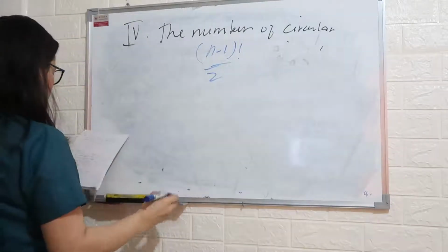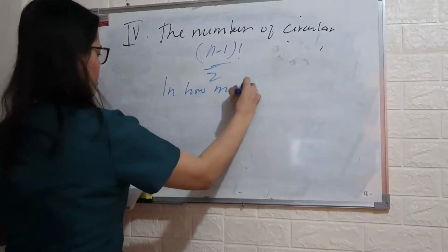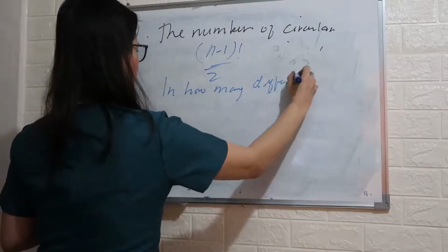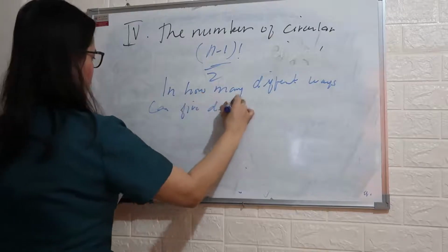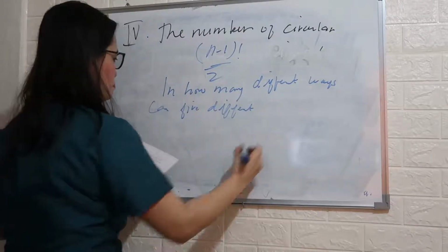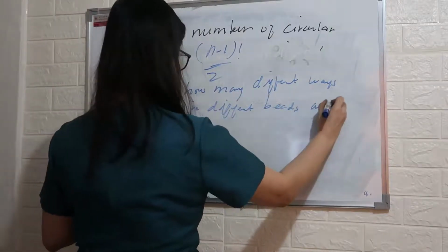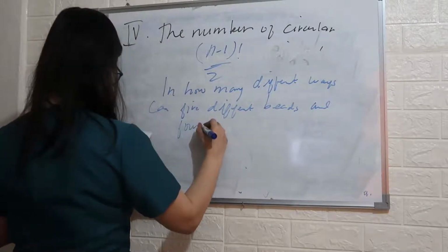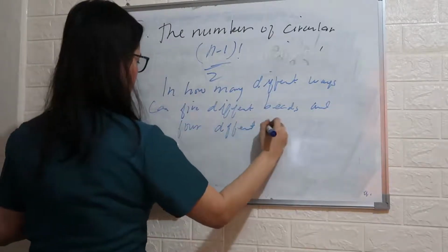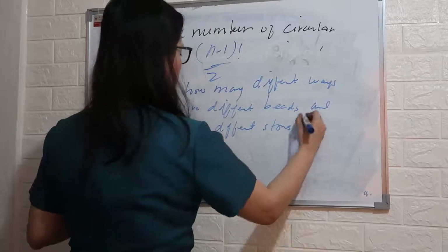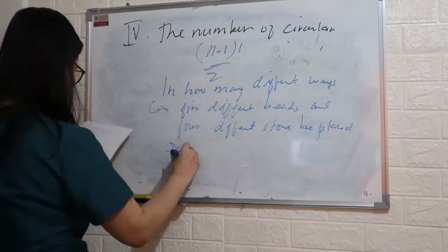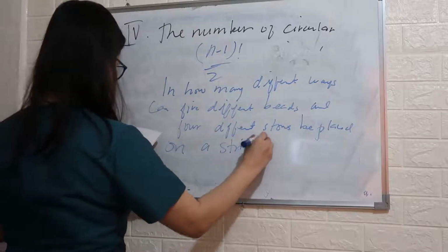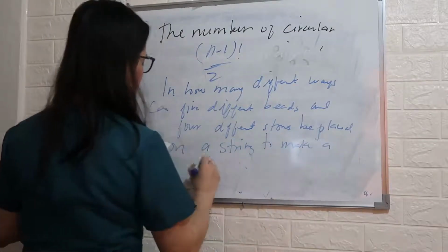Okay? So for example, in how many different ways can 5 different beads and 4 different stones be placed on a string to make a bracelet?